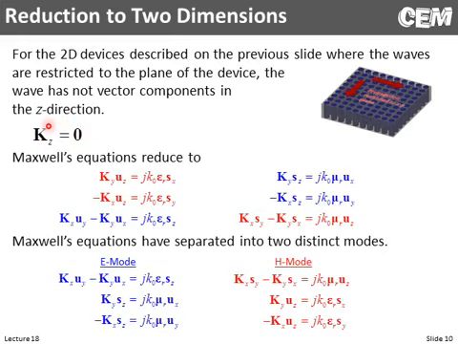Then we set that to zero in Maxwell's equations. And just like before, we see now Maxwell's equations separate into two distinct modes. One we'll call the E mode, and one we'll call the H mode. I color-coded them so that the red equations are one mode, and the blue equations are another. So when we separate them, here are our two modes.